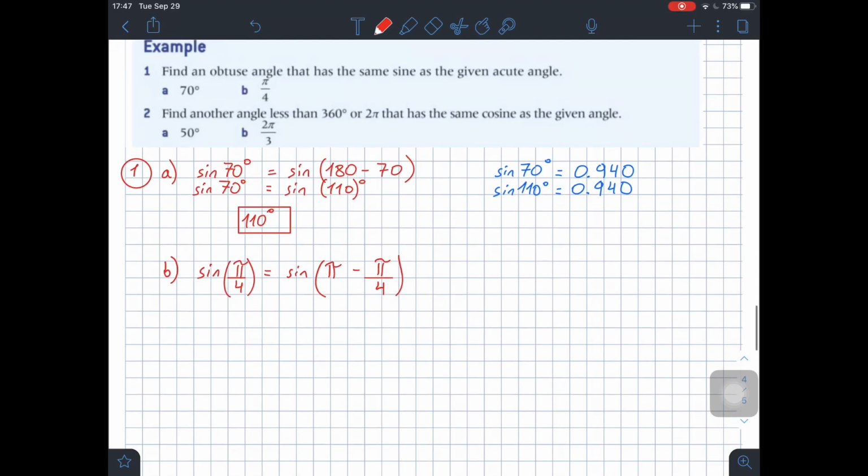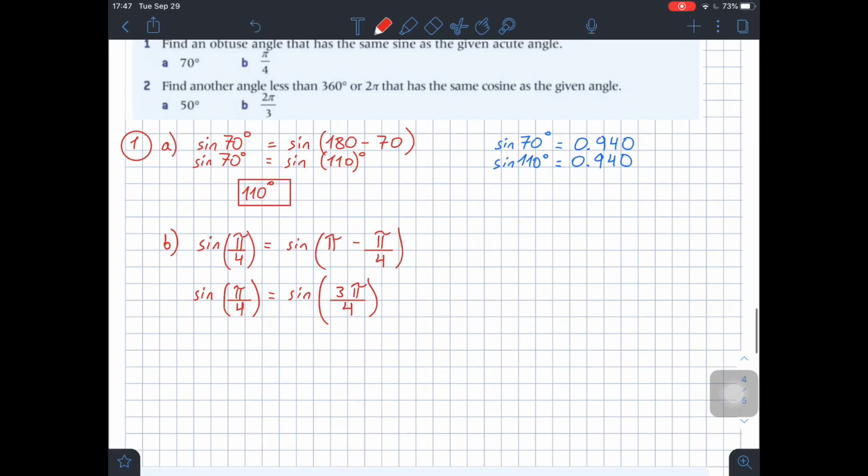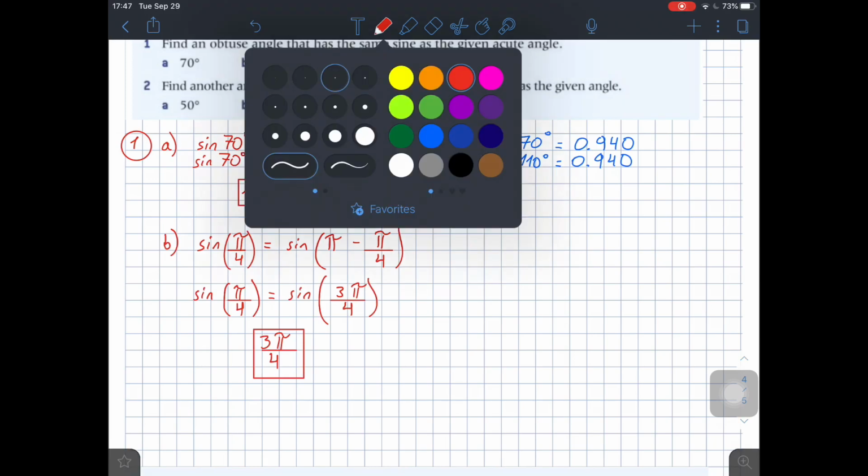So sine of pi over 4 is equal to sine of pi minus pi over 4. That would be 4 over 4 minus 1/4, that's 3 pi over 4. That means the angle 3 pi over 4 is the one that will give me an equivalent sine value.